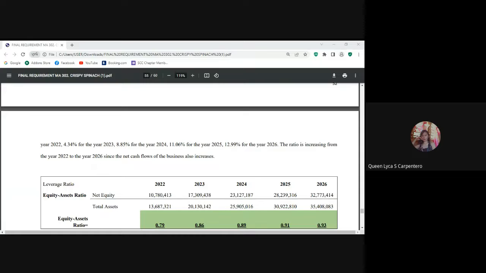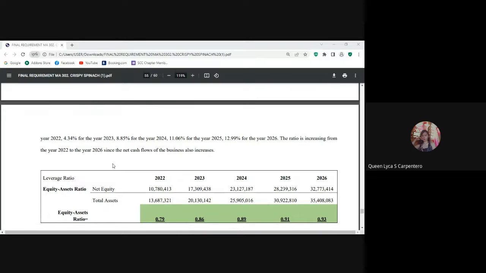So, nagkadako ang iyang percentage. So, may increase gyapon ang iyang net cash flow niya na business also sa taga year niya.